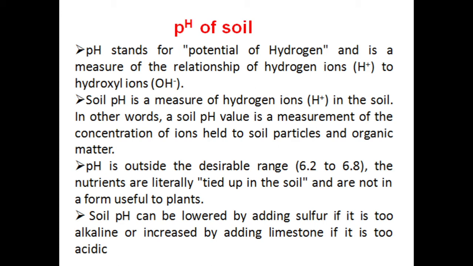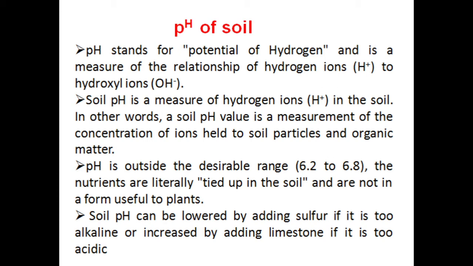This is a good pH for plants to grow, because at this pH the nutrients dissolve in water and can be absorbed by the plant to a great extent. So that is the desirable pH for the soil.